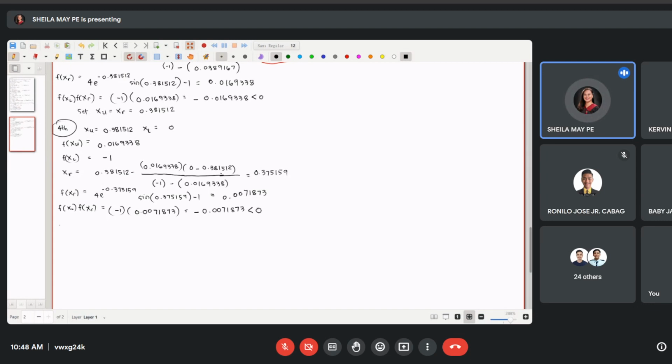That's less than 0 still. So set xu equals xr. That's 0.375159.